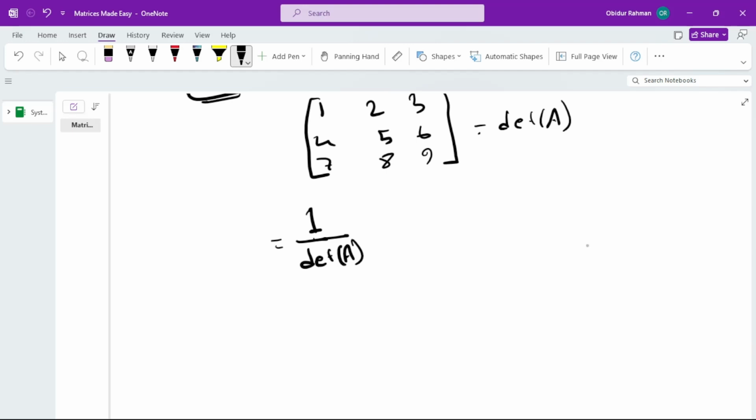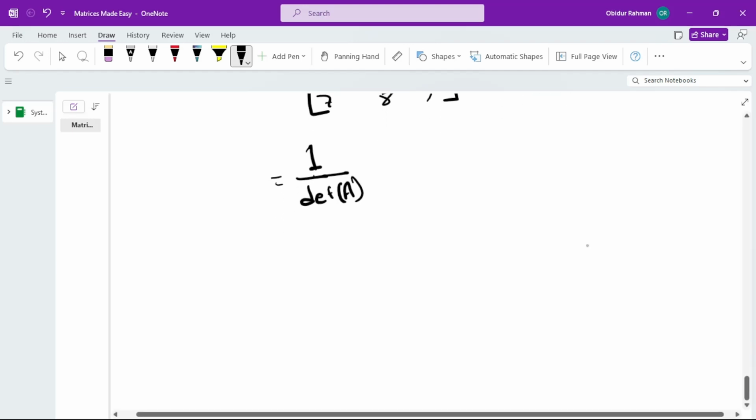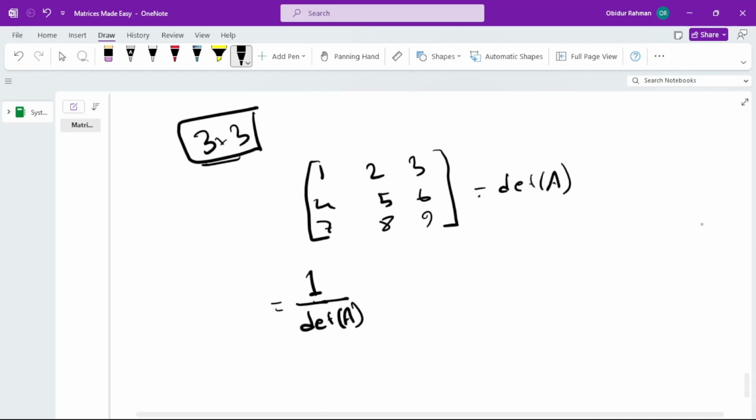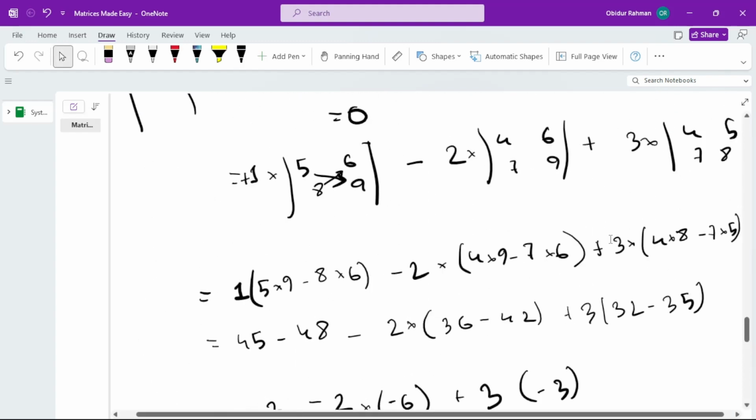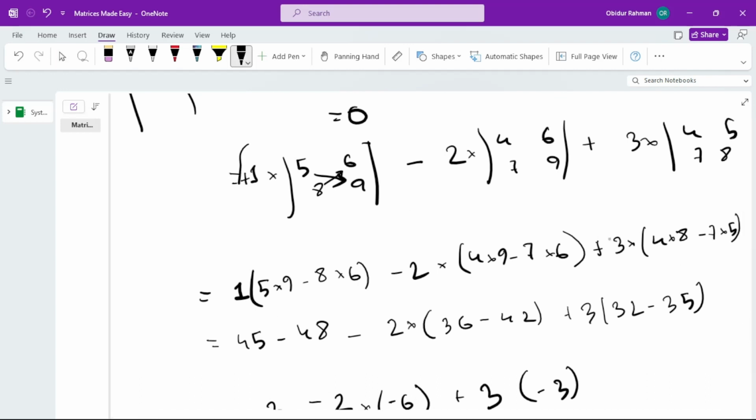Then we're gonna find the adjoint of each element. We're gonna find the cofactor of each element. A cofactor is the value like this one. This operation that we did is called a cofactor.